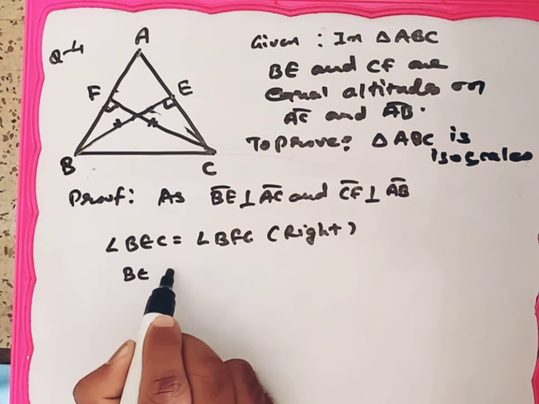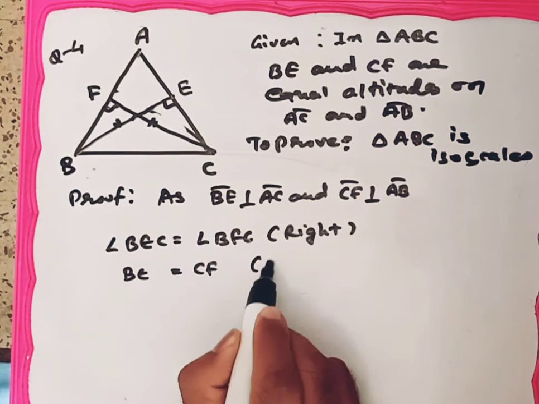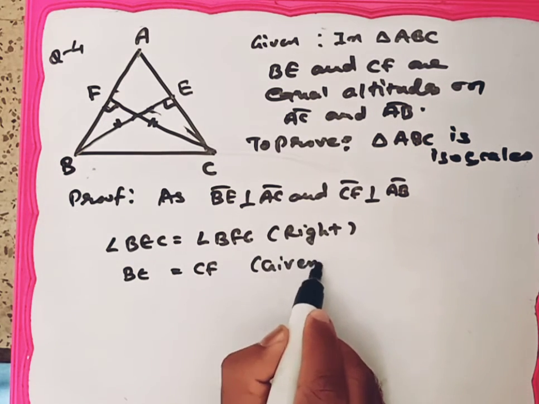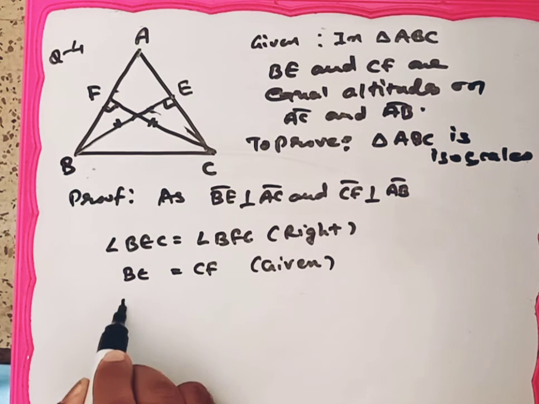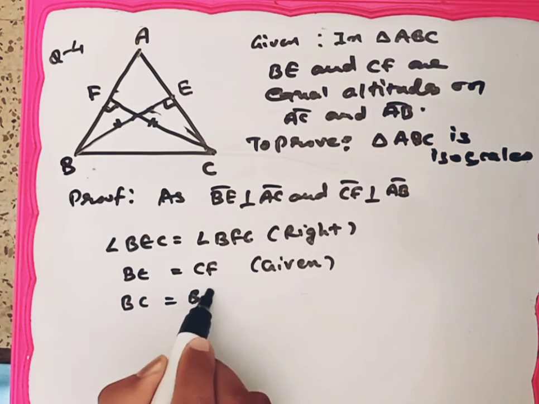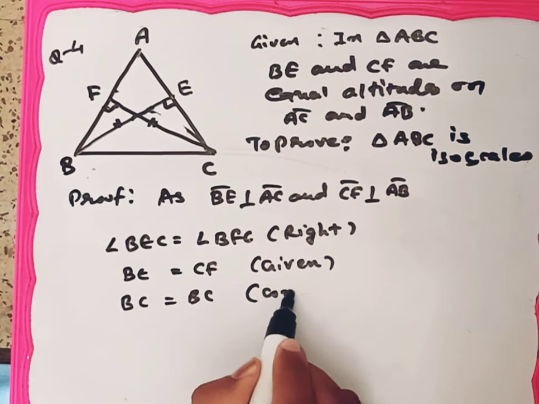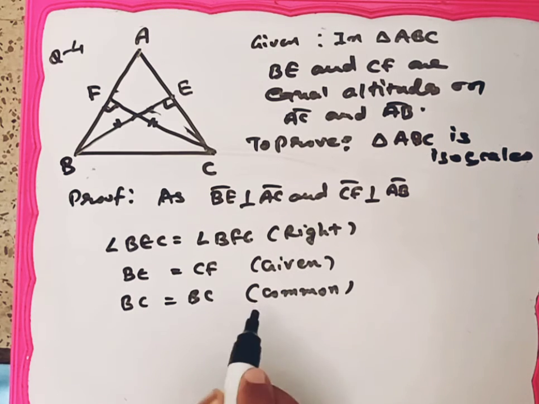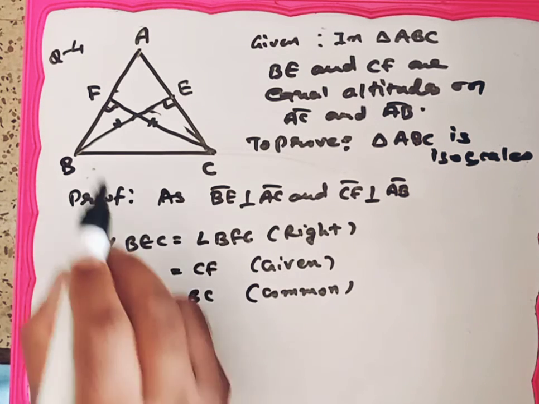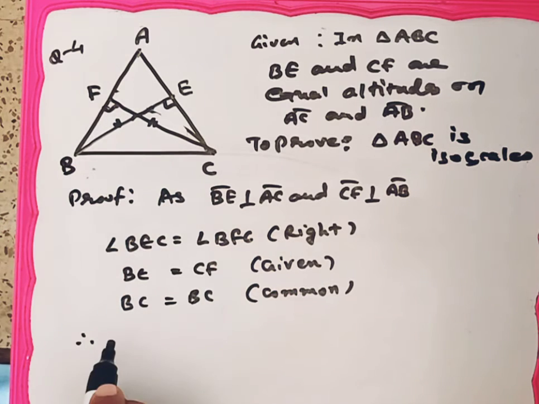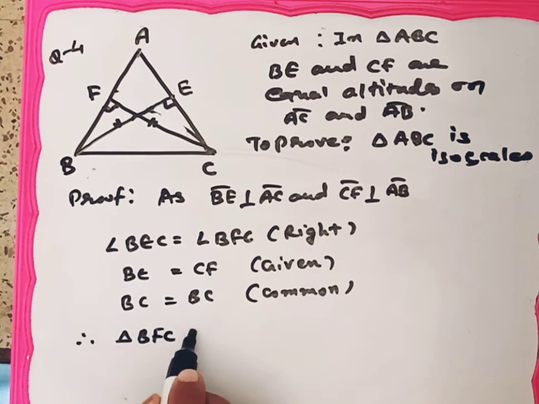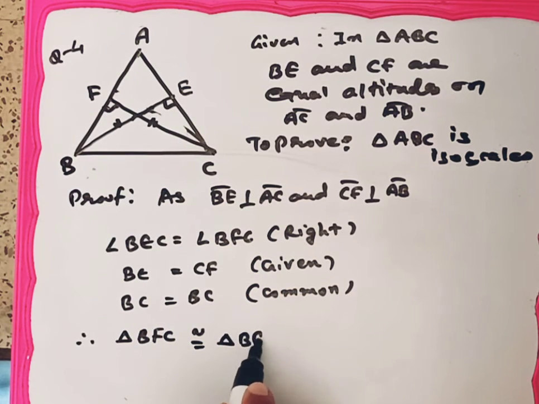BE equals CF, given, and BC equals BC, common side, and so triangle BFC is congruent with triangle BEC.